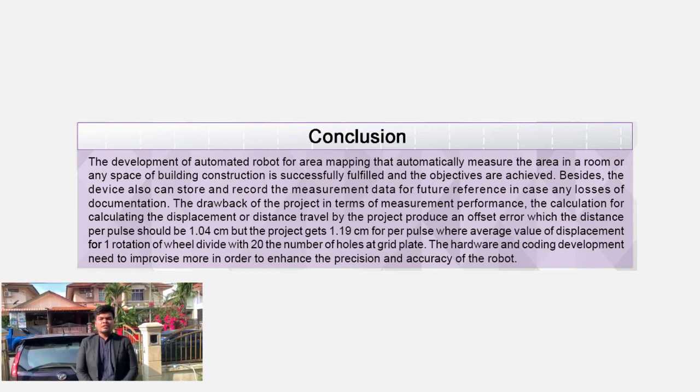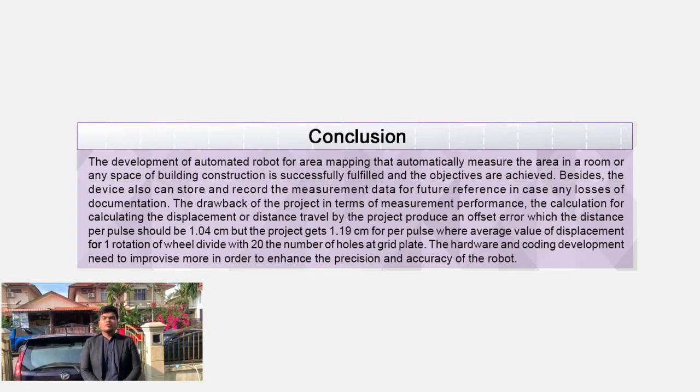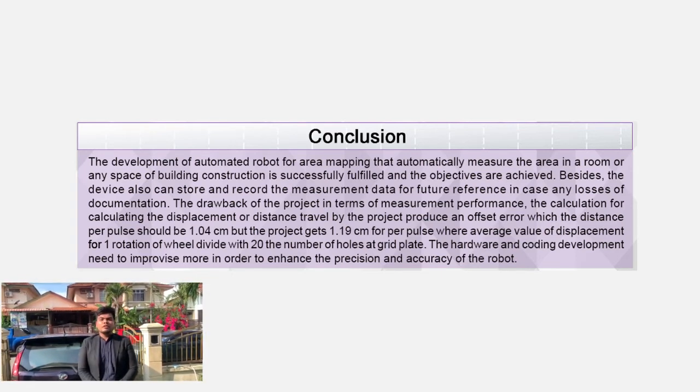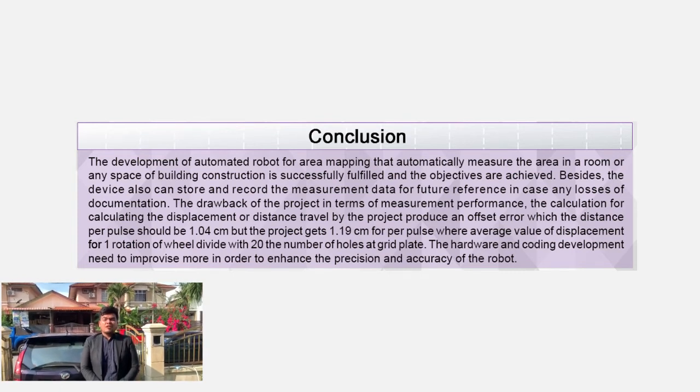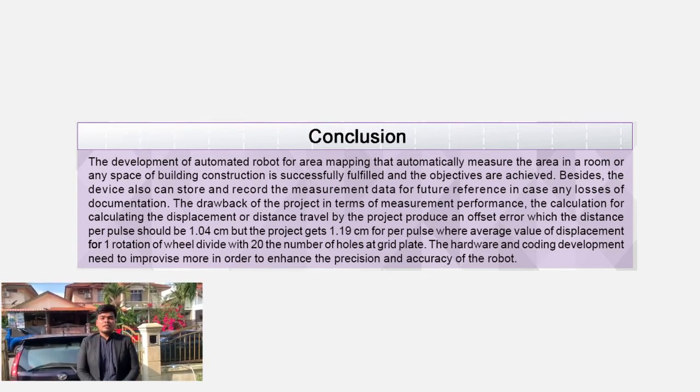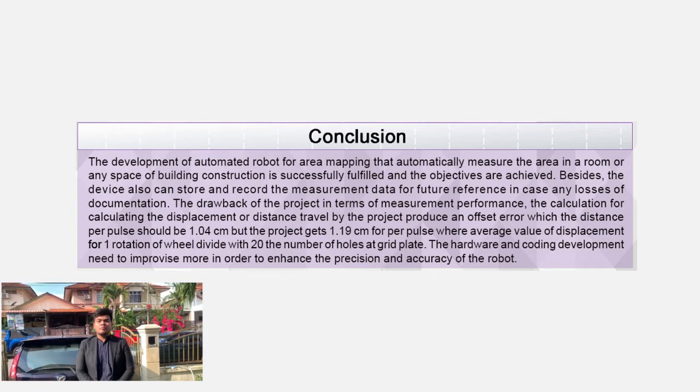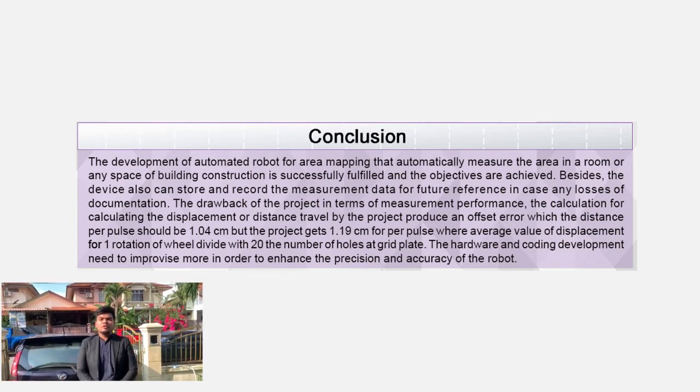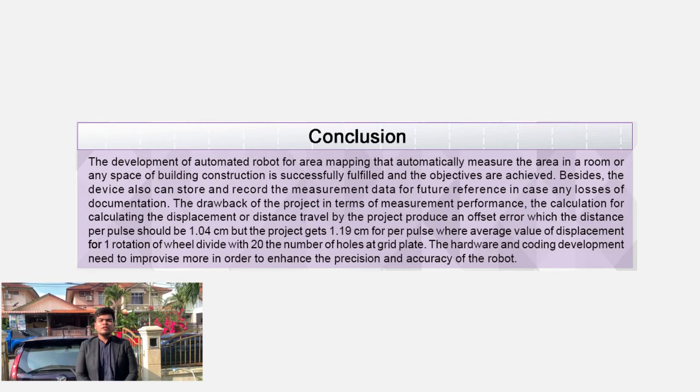The drawback of the project in terms of measurement performance: the calculation of the displacement or distance traveled by the robot produces an offset error, where the distance per pass should be 1.04 cm, but the sensor gets 1.19 cm per pass, where the average value of displacement for one rotation of the wheel is divided by the 20 holes of the grip plate.